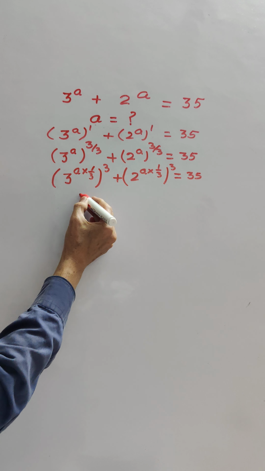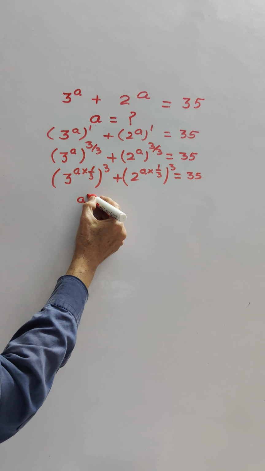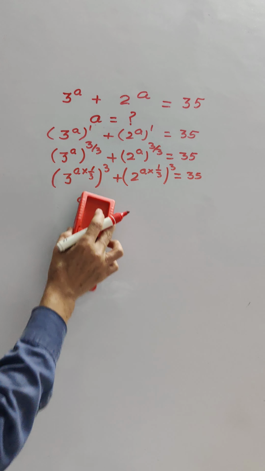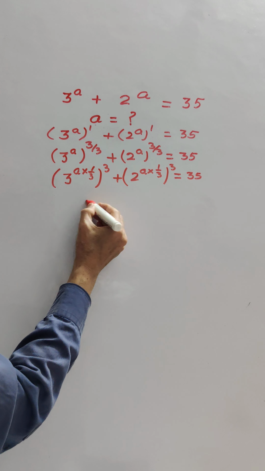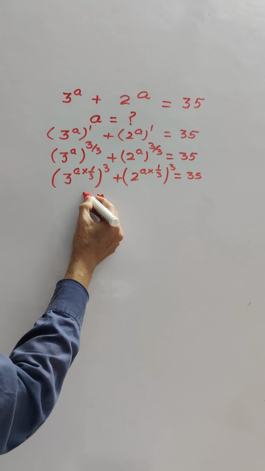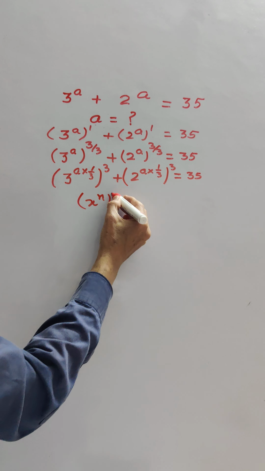That is law of exponent: a power n, x power n power m can be written as x power nm.